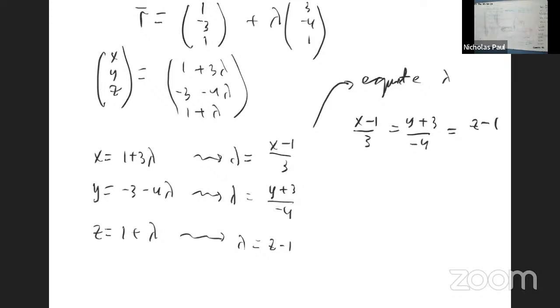Anybody else got this? Look at the wording.